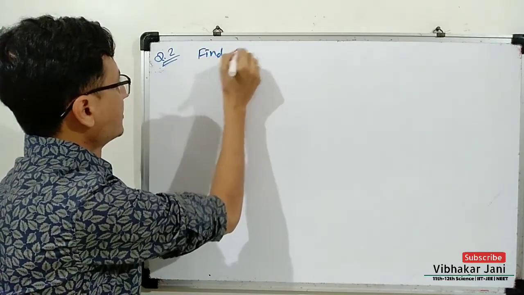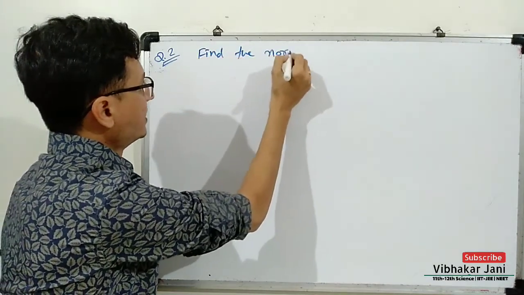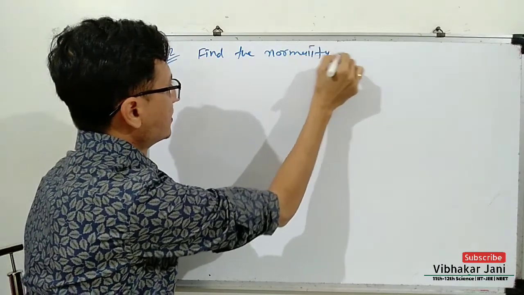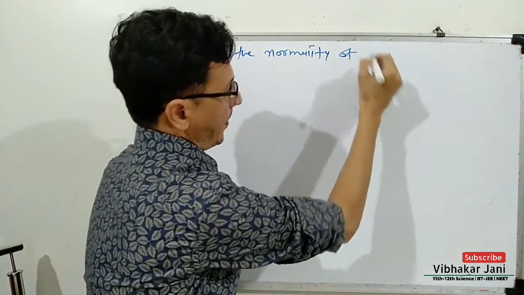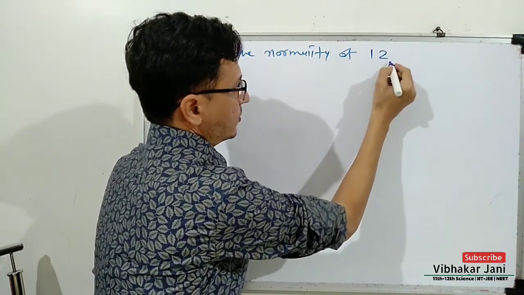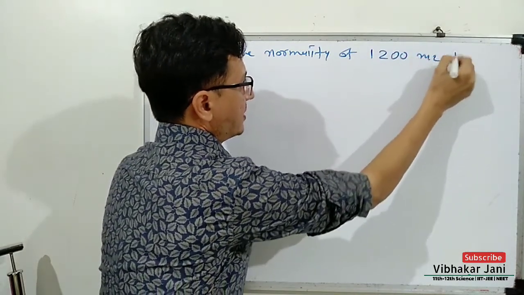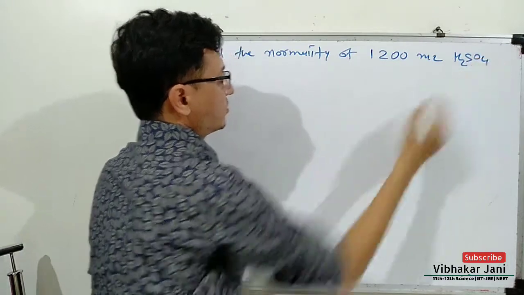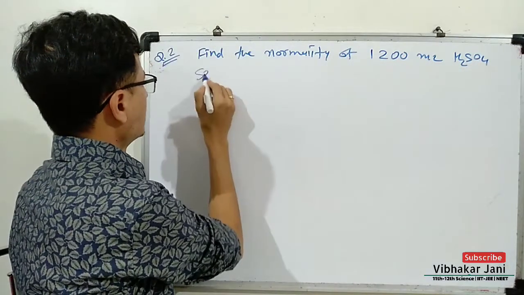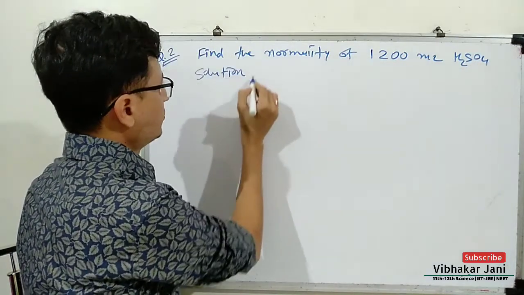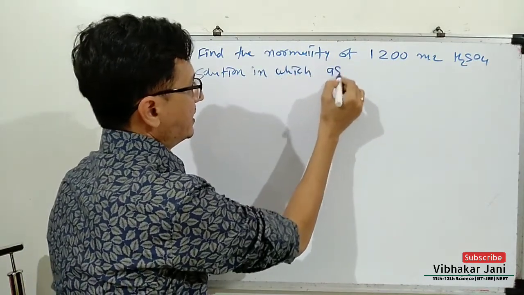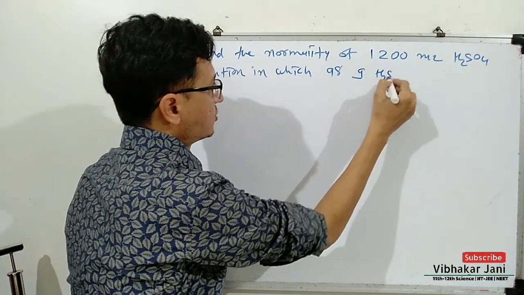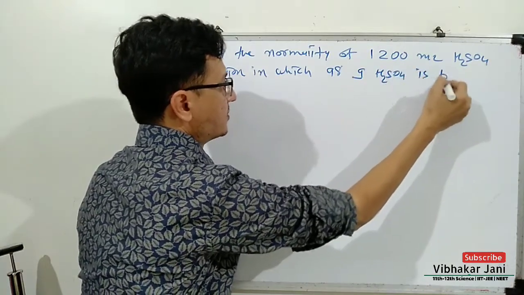Find the normality of 1200 ml H2SO4 solution in which 98 gram H2SO4 is present.